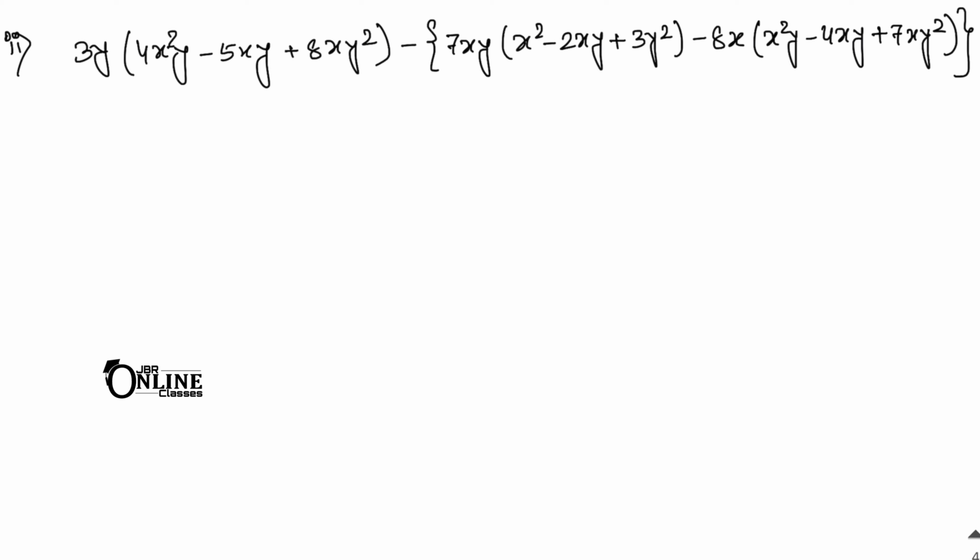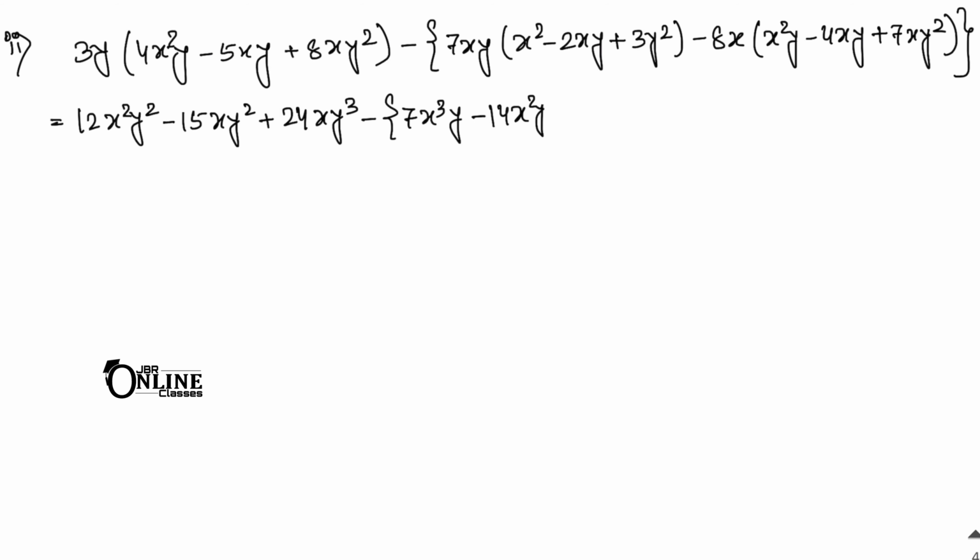Now number 2. So here first multiply this one. So 12, then x square y square. Multiply very carefully. Then here minus 15 x y square. After that here 8 into 3 24 x y cube. Now here 7xy multiply this one. So 7x cube y. Then minus 14 x square y square.